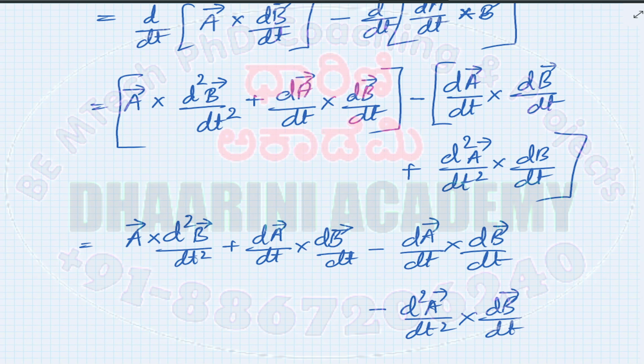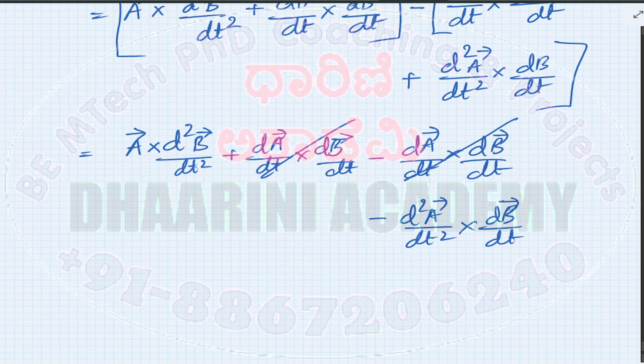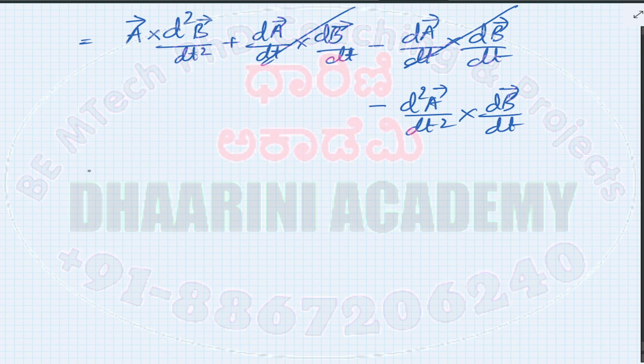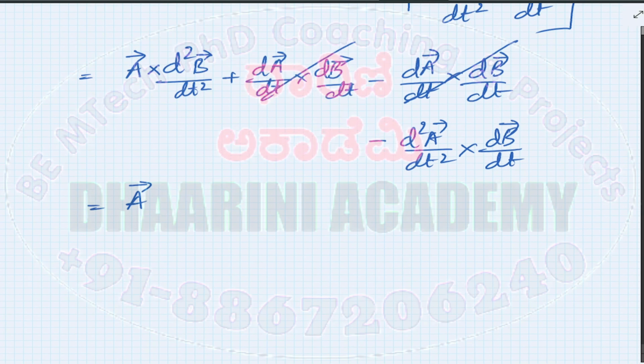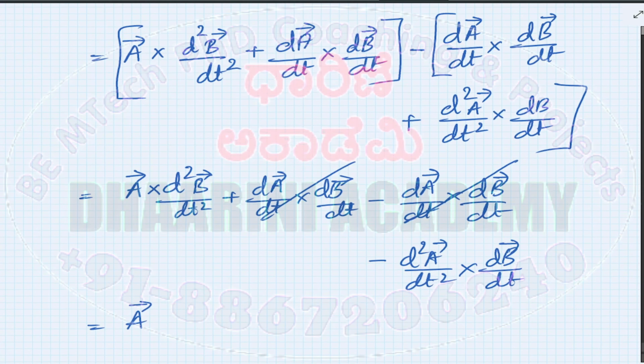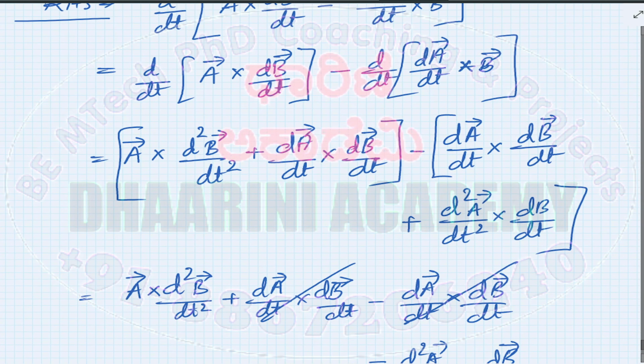I can see these two terms getting cancelled because one is positive, one is negative. Other than that, whatever is left over, we'll write it once again. So this is vector A. I think I just wrote one mistake here. See, this is just B. Sorry, let me make a correction.